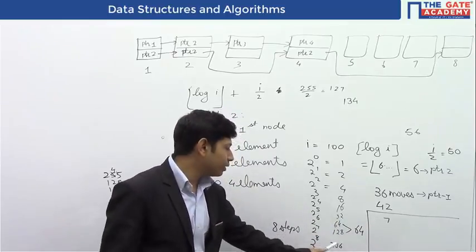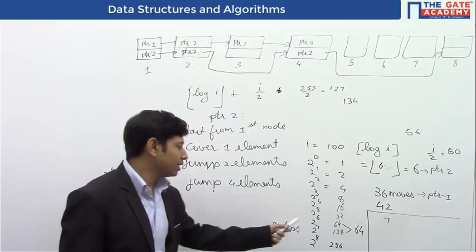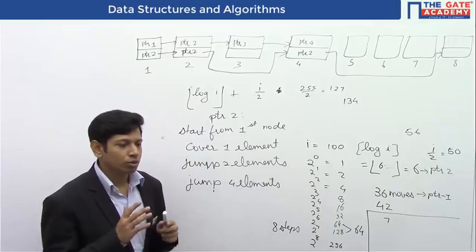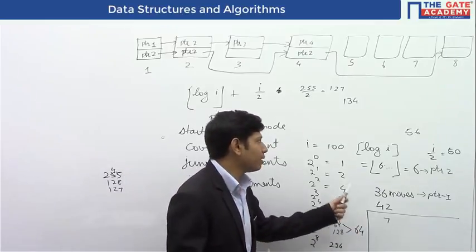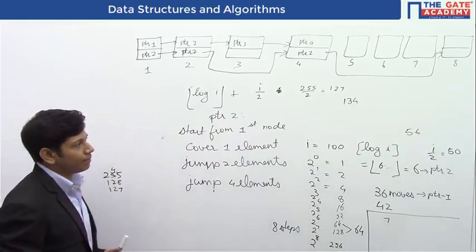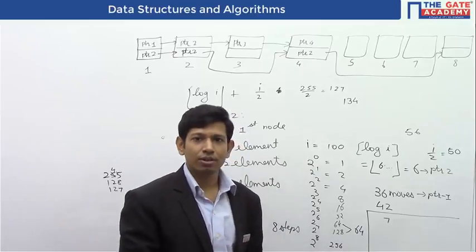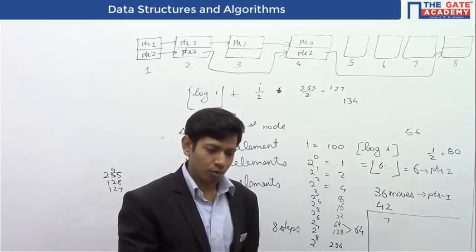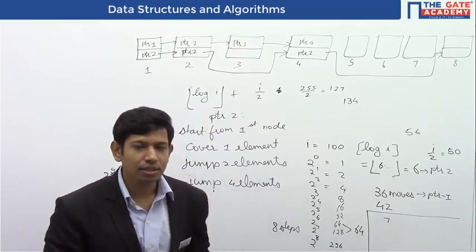Then from 128 to 255 we consume 127 moves using the single pointer. So the total number of steps is the same as the maximum limit, 127 plus 7, 134, and here also our algorithm is returning 134. So our algorithm is taking as much time as has been asked in the question.